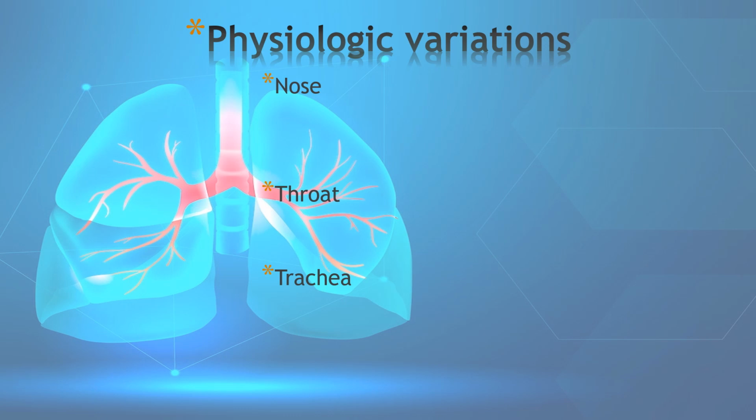Okay, so some of the variations in the anatomy and physiology in the upper airway of a child versus an adult. So the nose, the throat, and the trachea are all slightly different. In the nose, infants are obligate nose breathers, which means they are obligated to breathe through their nose.